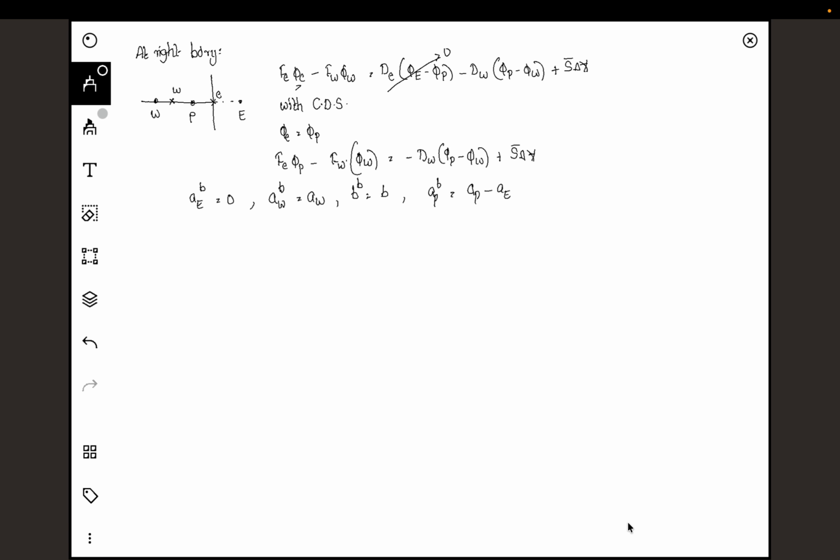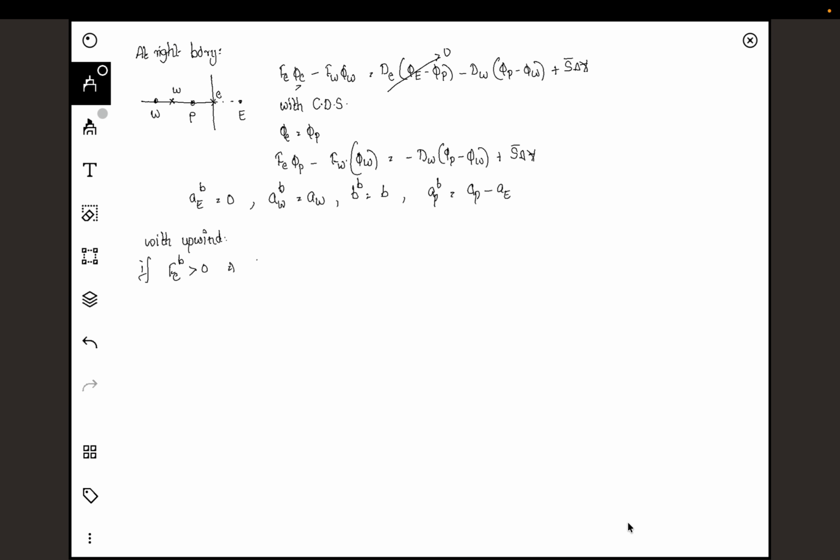So this is with respect to the central difference scheme. Now let's say you are using an upwind scheme, what happens? If, for suppose, at the boundary F east is positive, then everything remains the same.